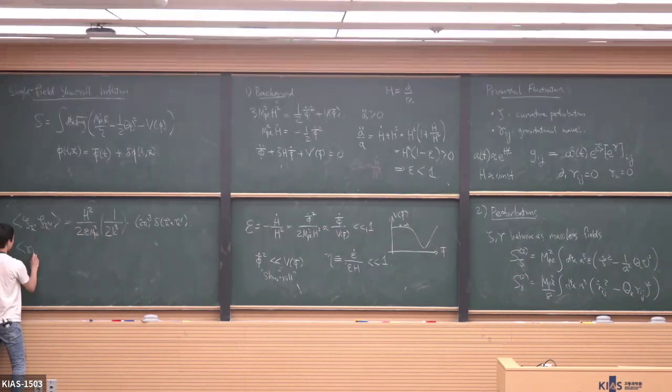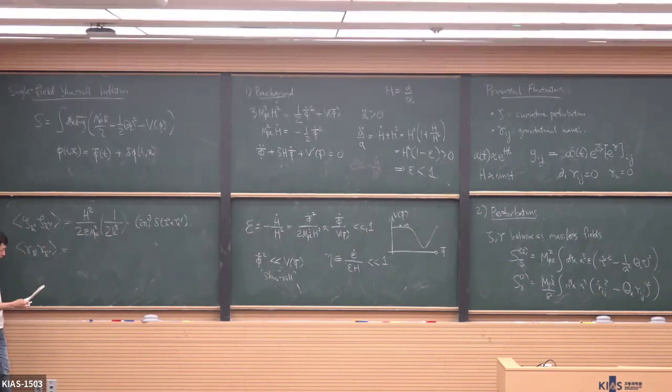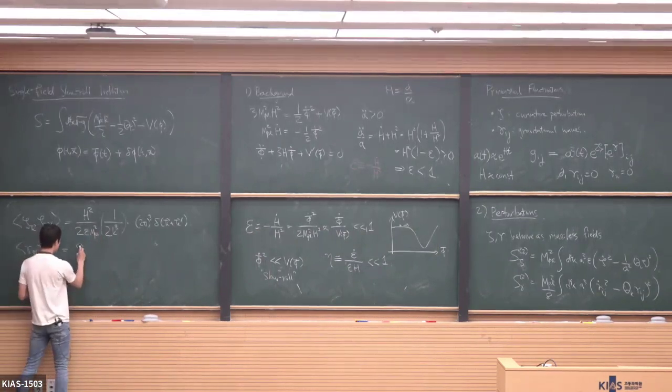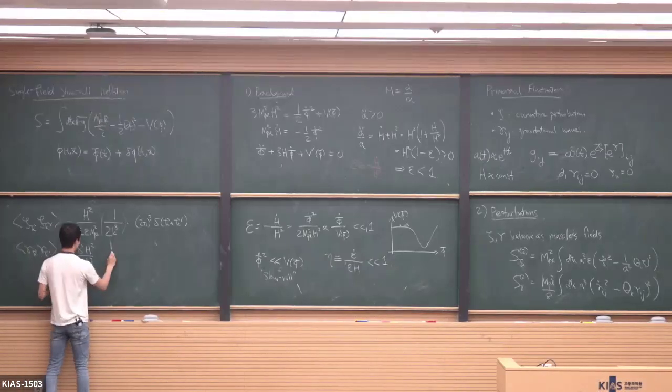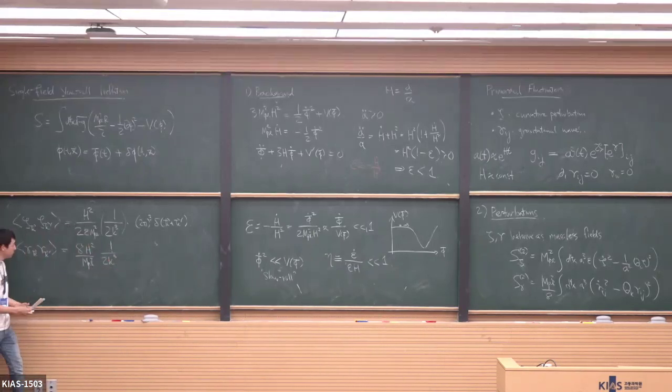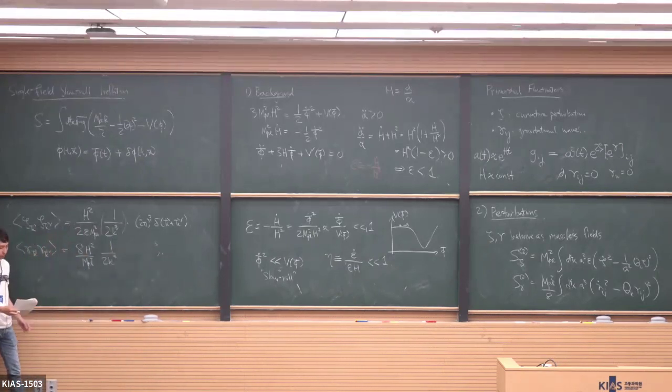And we get a similar thing for the two-point function of the spin-2 perturbation. This is given by 8H squared divided by M Planck squared, divided by twice q cubed, also with the momentum-conserving delta function.